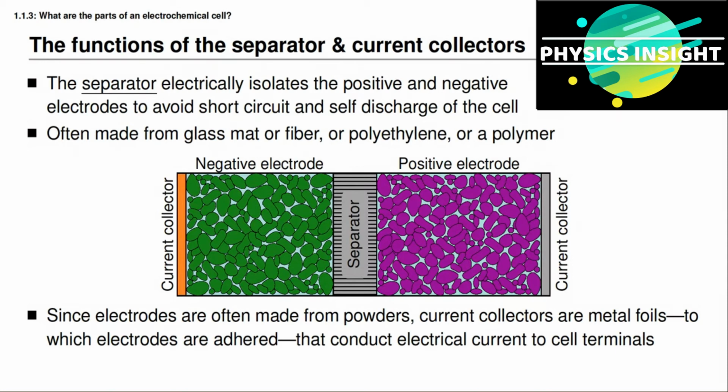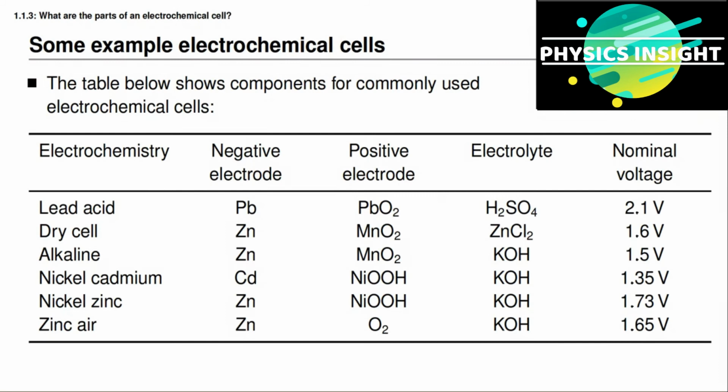So even though the colors on this diagram are for illustrative purposes, they do have meaning when we apply them to lithium-ion batteries. On this slide, I present a table showing components that are used for electrodes and electrolyte in some very commonly encountered electrochemical cells.